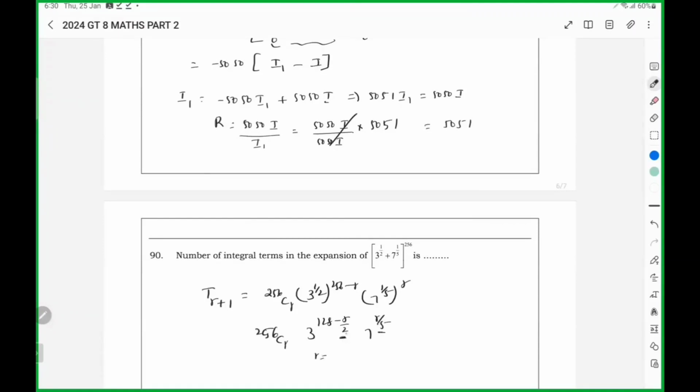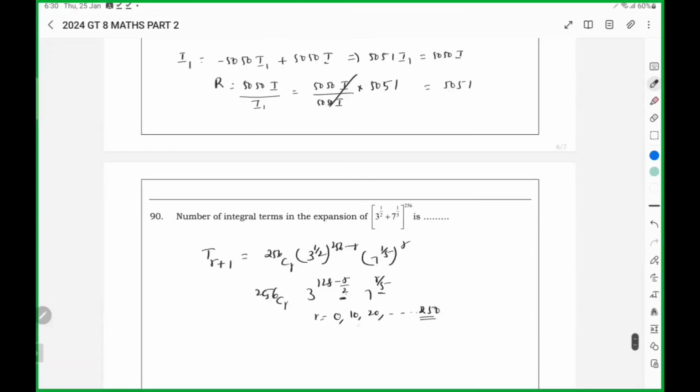Only if r is a multiple of 2 and 5, otherwise you get irrational terms. r equal to 0 is okay. 10, 20. Like that you have how much? 250. So 10 to 250, 25 terms, plus 1. Total terms here is 26. So this many integral terms are there.